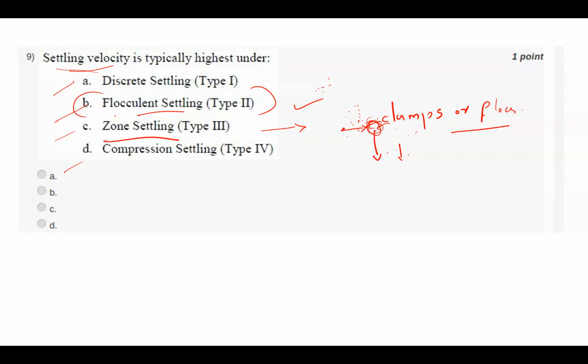Anyone can comment on that interaction between particles in flocculant settling and zone settling? Okay.